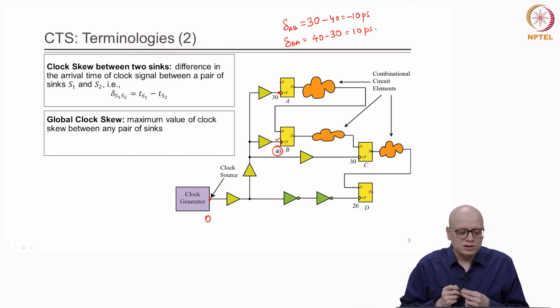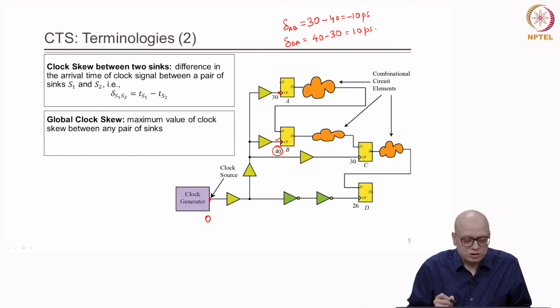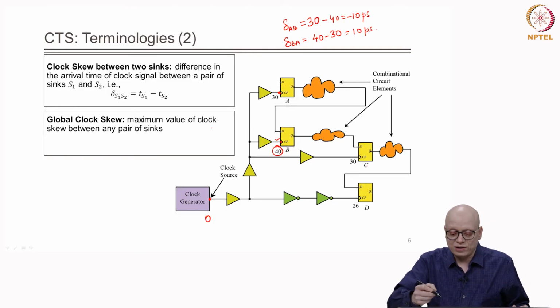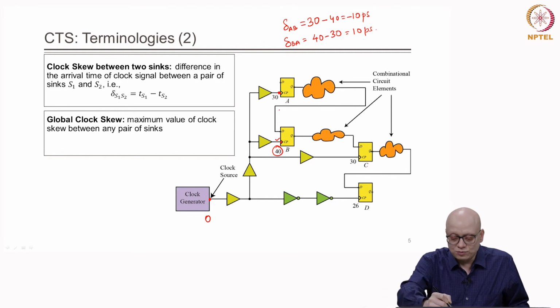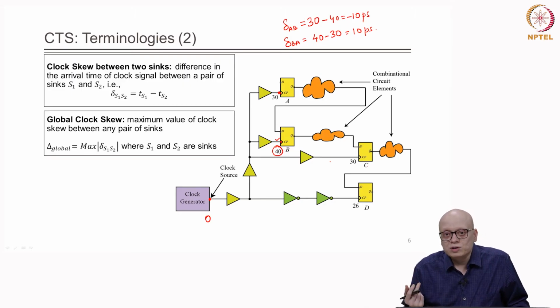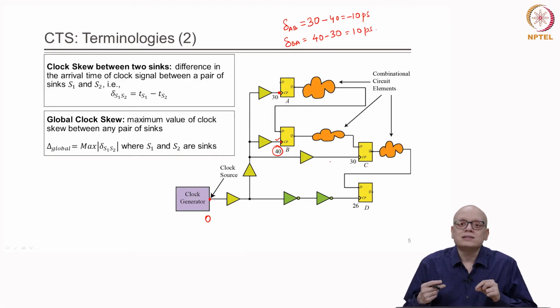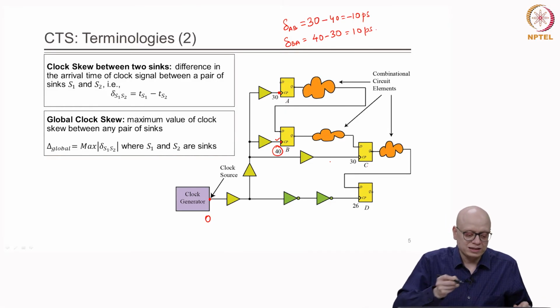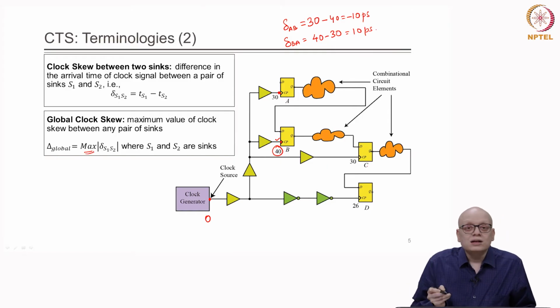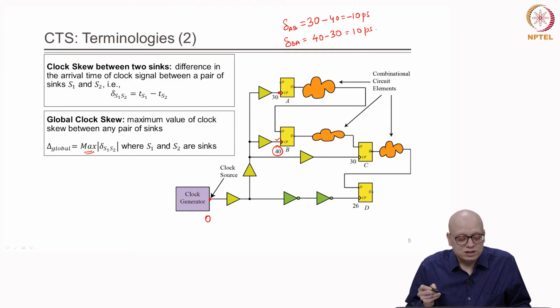Now, what is global clock skew? Global clock skew is the maximum value of the clock skew between any pair of sinks. If there are say four clock sinks in this case, then what will be the maximum clock skew? That is defined as the global clock skew. So, if we take the maximum value of delta S1, S2, where S1 and S2 are any sinks, then we get the global clock skew.